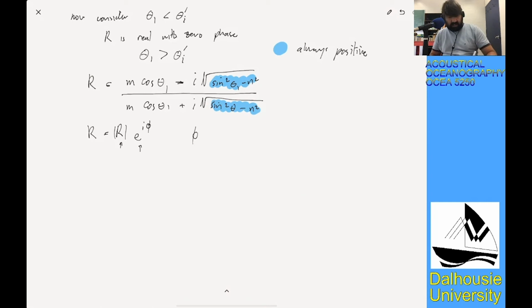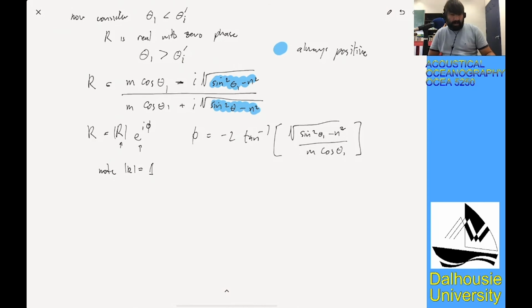Well, we can say that phase is equal to minus 2 inverse tan of the square root of sine squared theta 1 minus n squared, all over m cos theta 1. Okay? And yeah, note here, magnitude of k incident is 1.